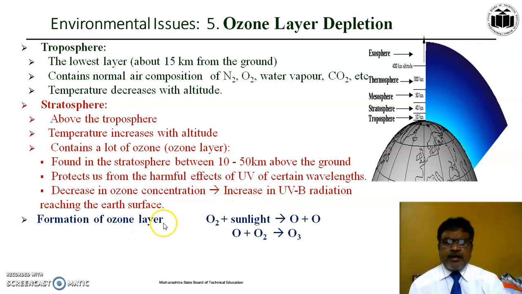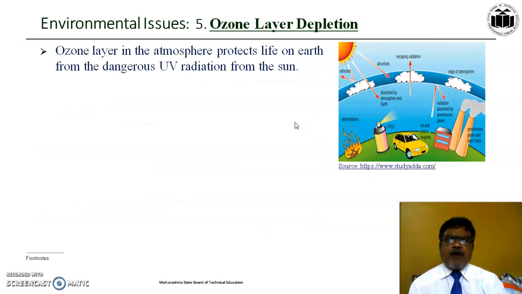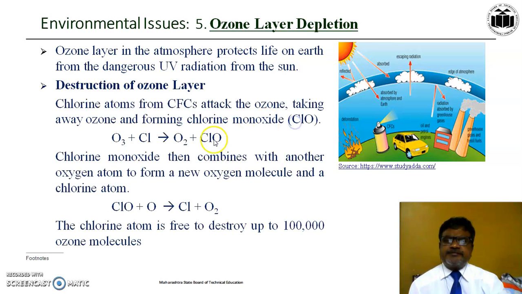So how does the ozone layer form? The oxygen molecule reacts with sunlight, and oxygen atoms are separated. When this oxygen atom reacts with an oxygen molecule, ozone is formed. Now how is the ozone depleted? Destruction of the ozone layer: chlorofluorocarbon attacks the ozone and forms chlorine monoxide and oxygen.